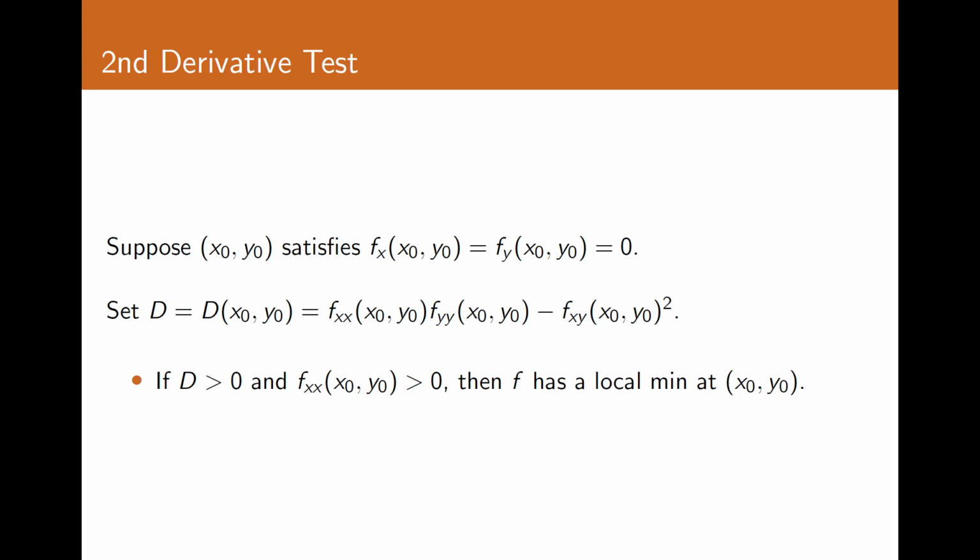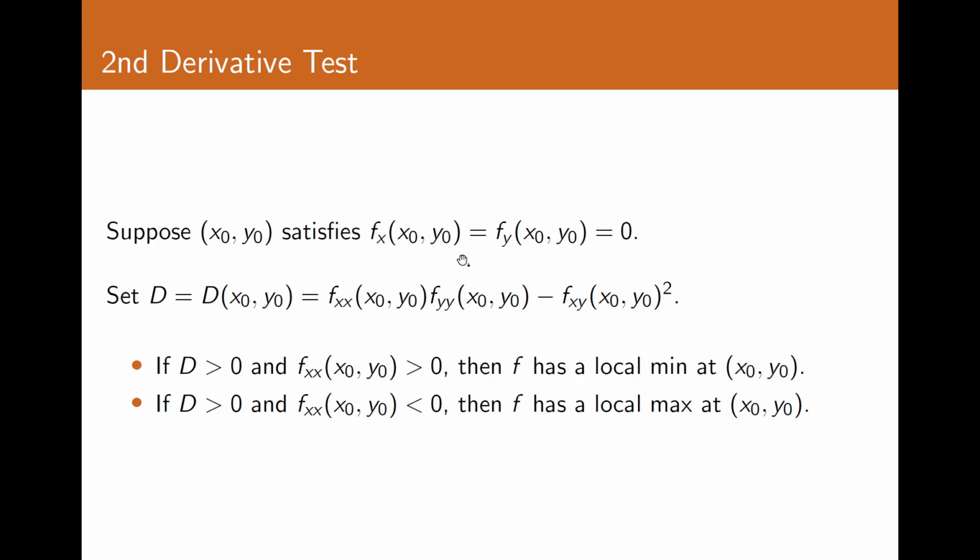If you're thinking of this in terms of what you already know for functions of a single variable, f_xx being bigger than 0 is giving you the smiley face picture, so that gave us our local minimum. Same kind of situation here with the second partial derivative. If D is bigger than 0 and f_xx is less than 0, then f has a local maximum at the point.